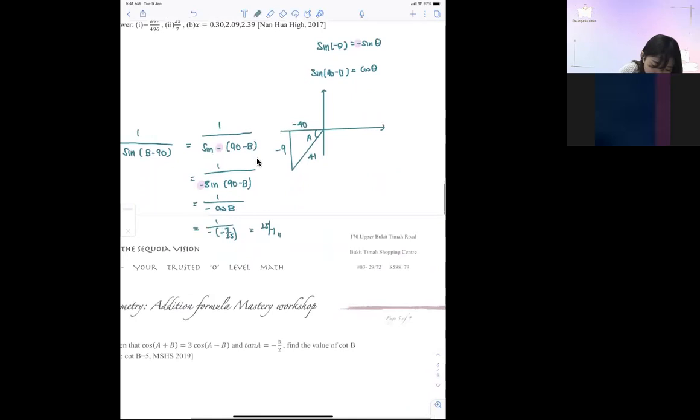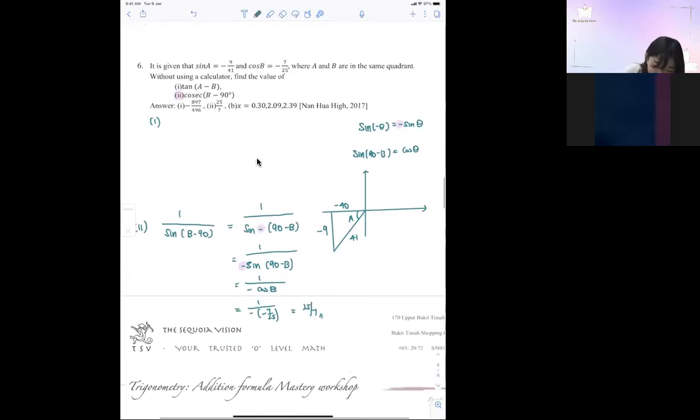And that's what I did at first also, but it's wrong. Okay, tangent A minus B, then I change the sign. Tangent A minus tangent B over 1 plus tangent A tangent B. So tangent A is 9 over 40.